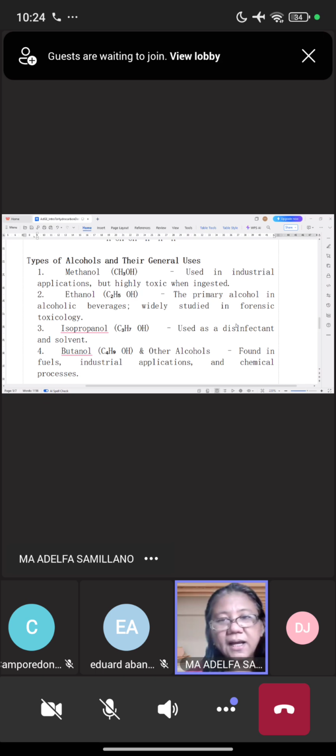It is also used in manufacturing paint. Where else? It is used as a solvent in ink. When you open a marker, you smell it right away. It's methanol that you can smell from your markers.